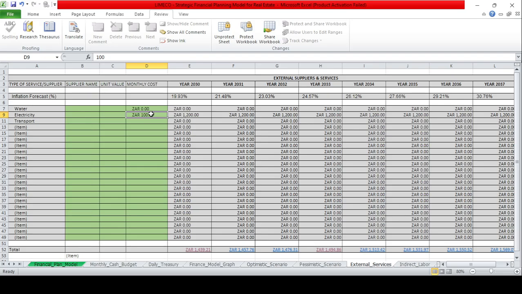Electricity, let's put monthly cost. Electricity, let's put 20,000 rands.